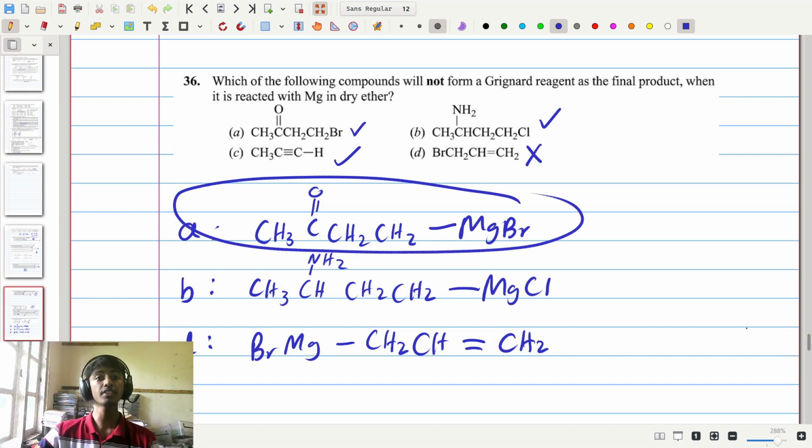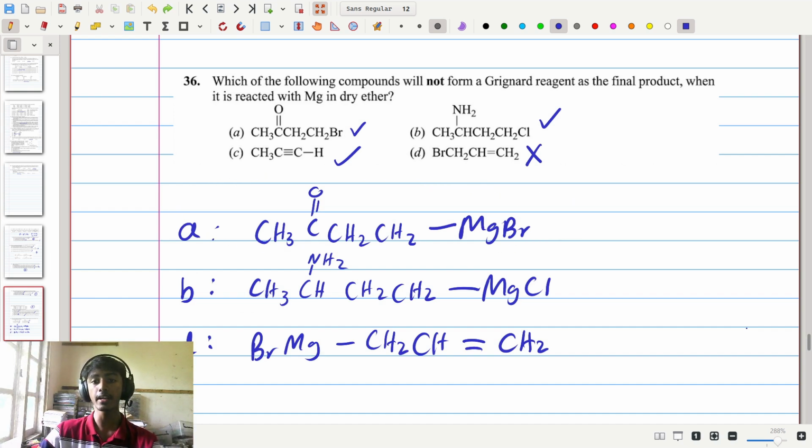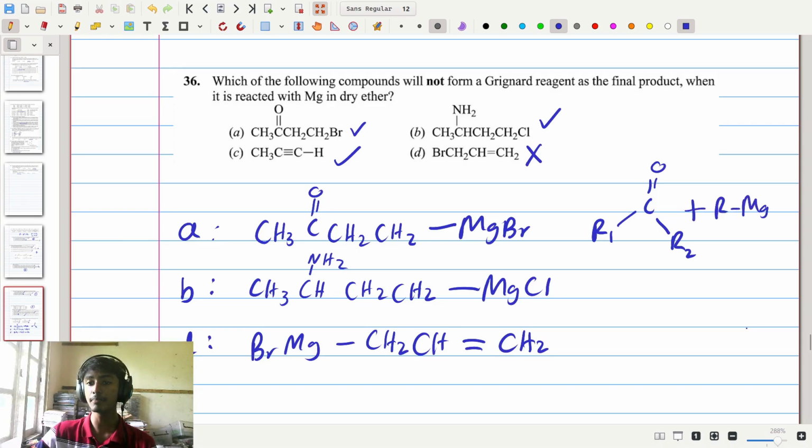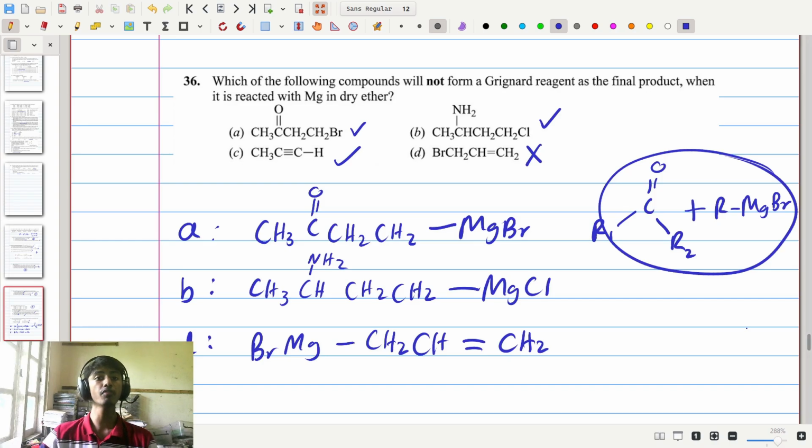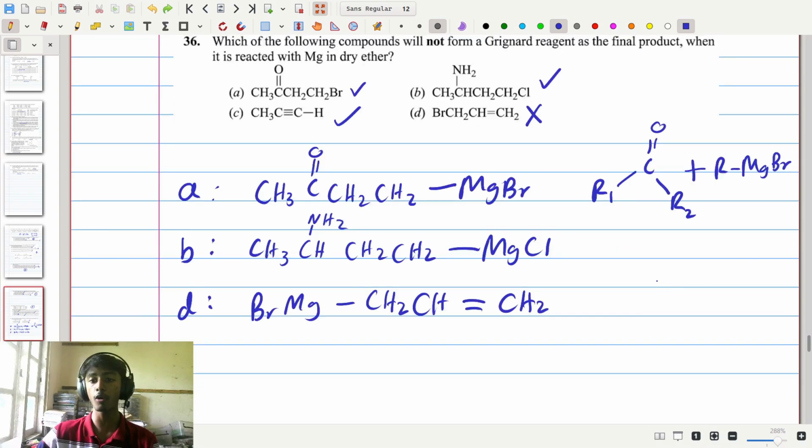First, consider A. If you consider a compound of the form R1, C double bond O, R2, and you react it with a Grignard reagent of the form, let's say, RMgBr, this will create a compound of the form R1, R2, R bonded to a single carbon with the oxygen gaining an MgBr group on it. So it will be something like this.